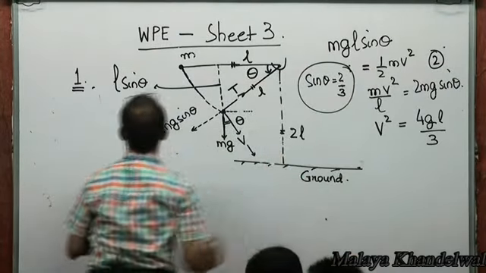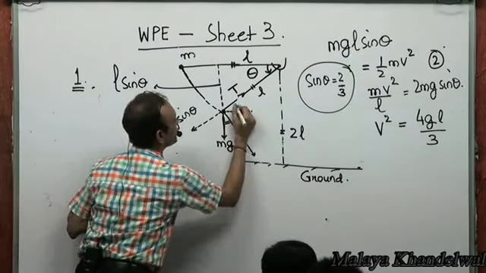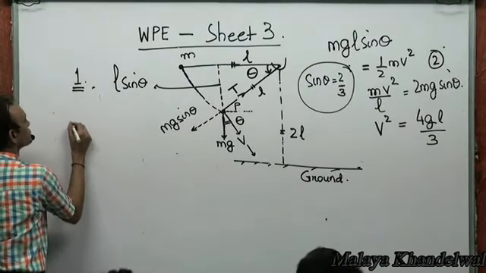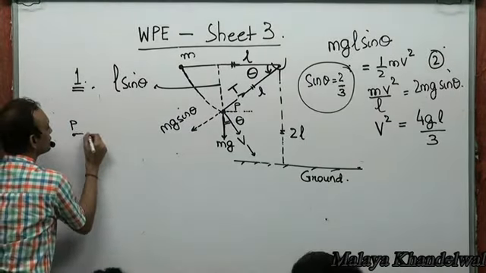From this point P, the particle, realize, has a velocity v that makes an angle theta with the horizontal. Yes or no? Given by sine theta equal to 2 by 3. How about it?